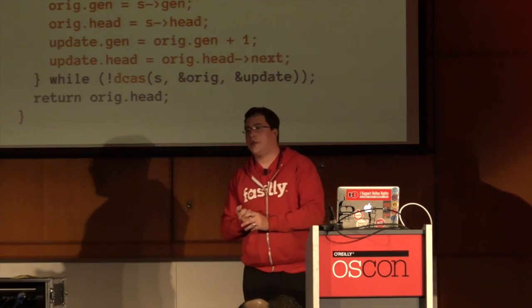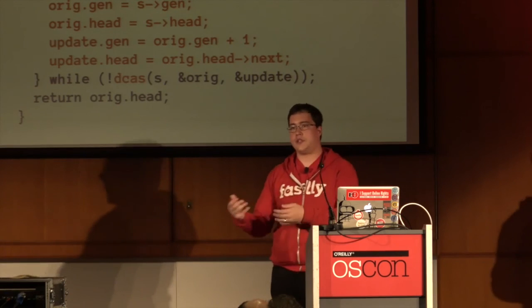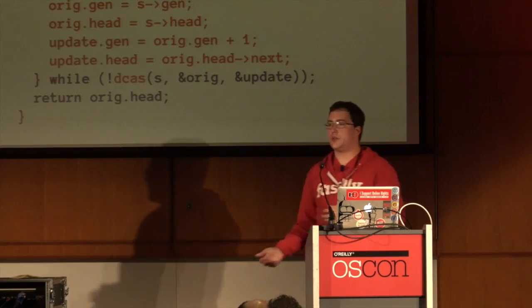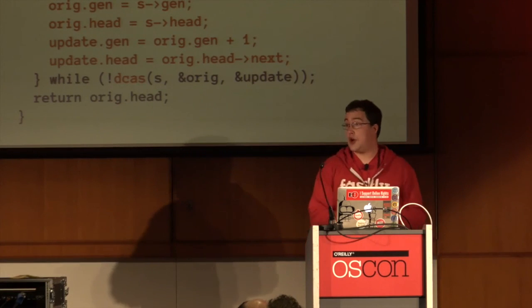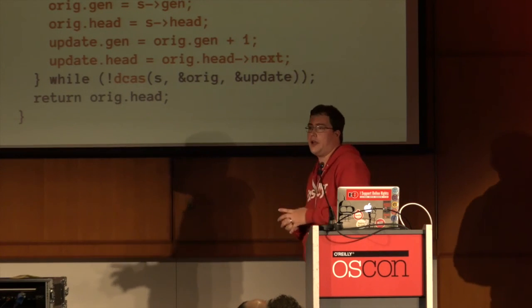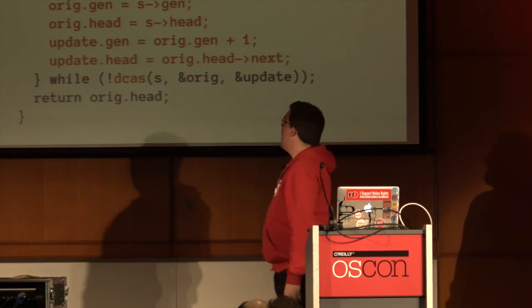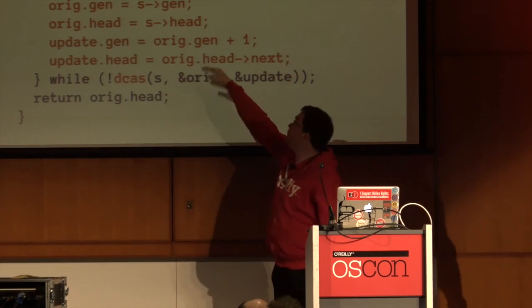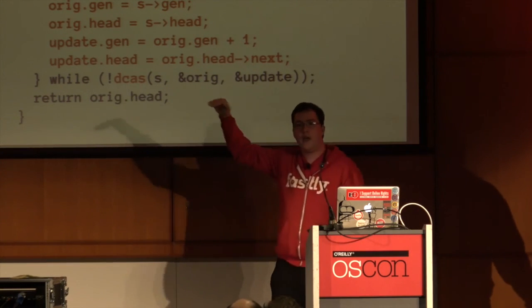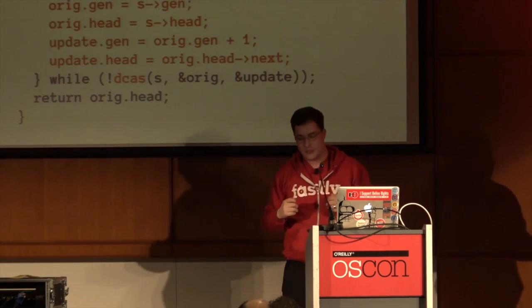So even if the compiler doesn't reorder them, it's possible that your system under the hood will reorder these memory accesses. So you need to use what's called a memory barrier. I haven't talked about that here. It is in the code. If you look at uslab.io at the GitHub page, you can see where you would insert the barriers. But effectively, you need to have a barrier to ensure that between your read of the generation and the head, those operations weren't executed out of order by another processor.